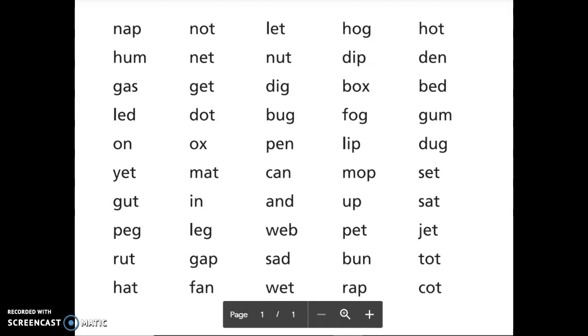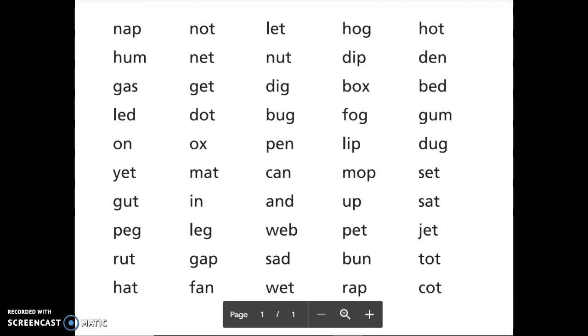So that first word would be nap. You would write that, and then you can underline the vowel, name the vowel, and then tell what sound the vowel makes.